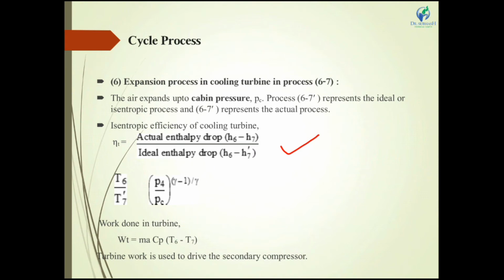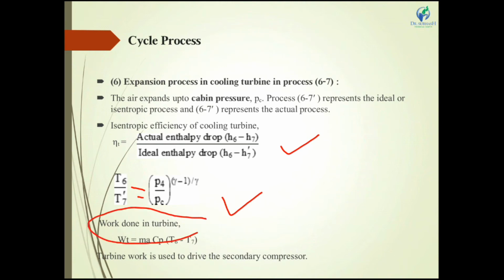We also write the relation between temperature and pressure for the isentropic expansion process: T6 divided by T7 dash is equal to P4 divided by P2 raised to gamma minus 1 upon gamma. The work done in the turbine is Ma Cp T6 minus T7.